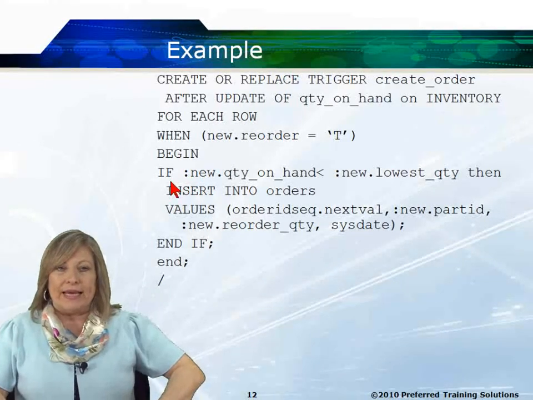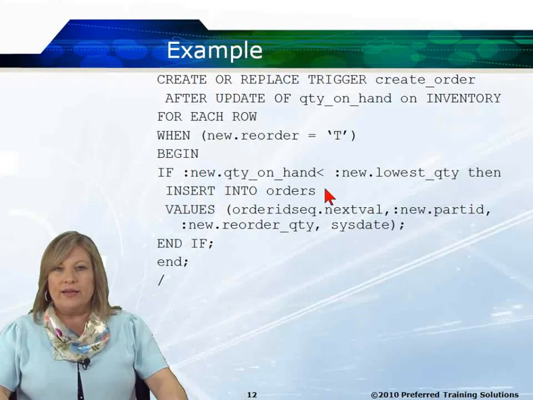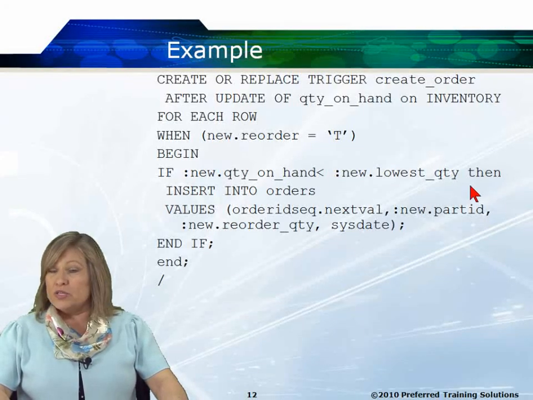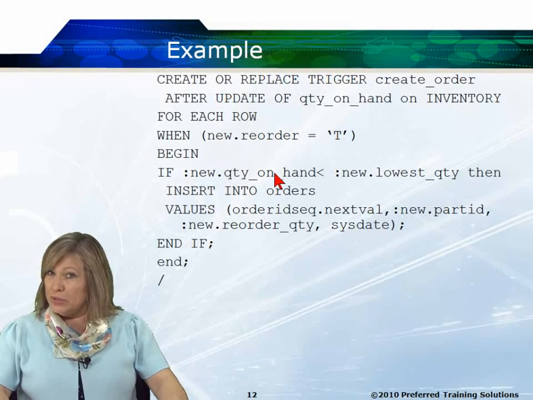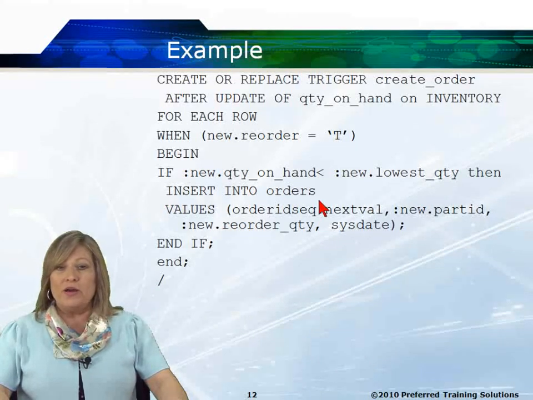So I simply say, if :new.quantity_on_hand is less than :new.lowest_quantity, remember that's my threshold. If I've gotten beneath my threshold, then I'm going to insert a row into my orders table. I'm going to be using a sequence number for that order ID.